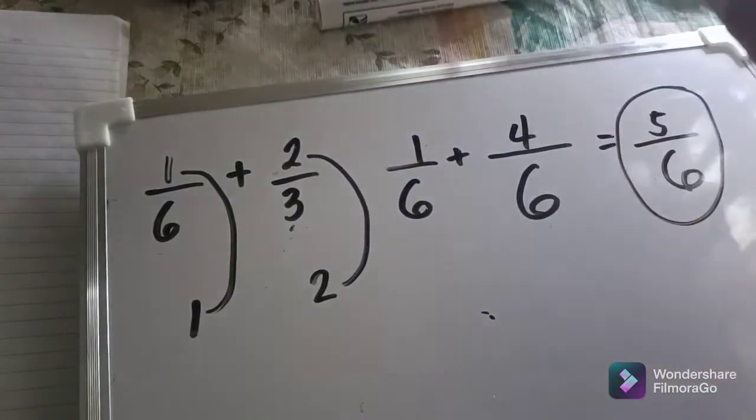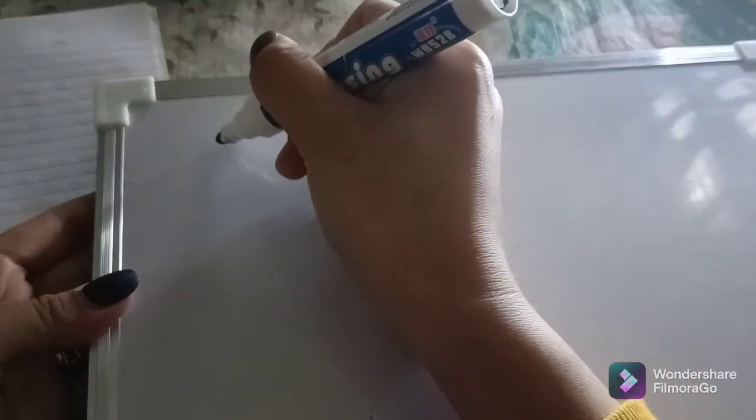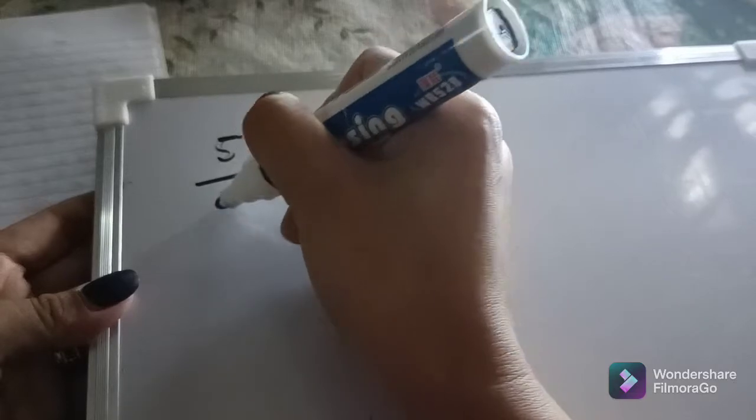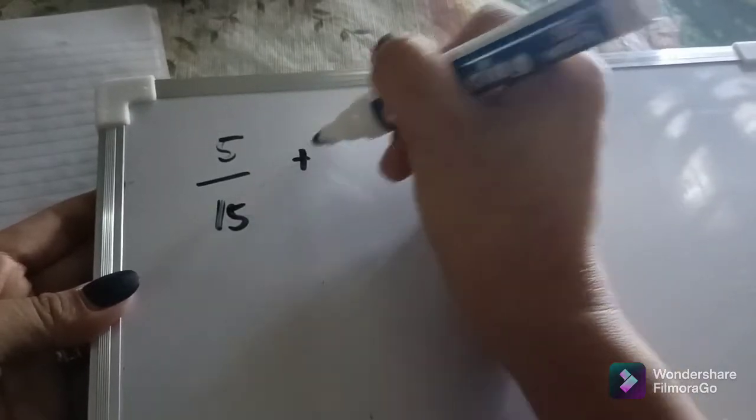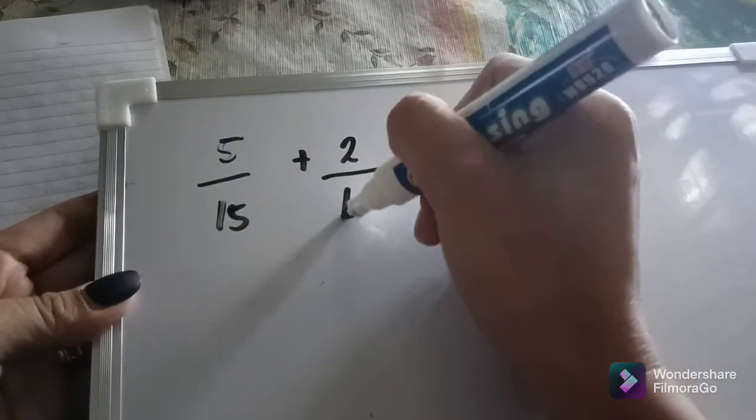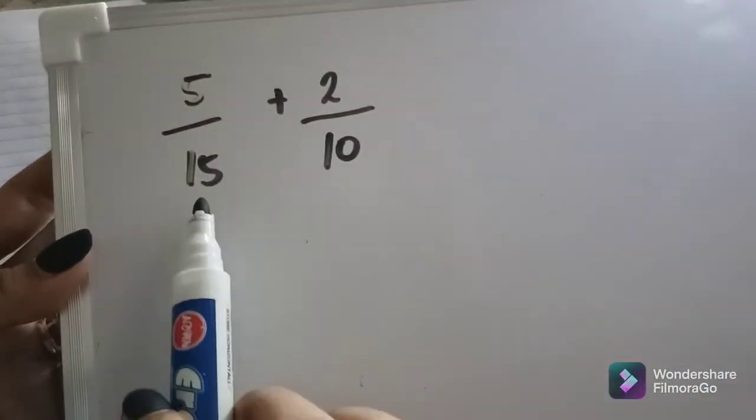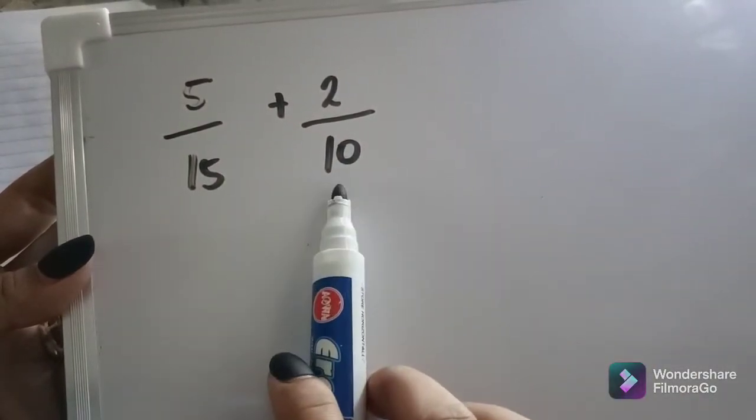Okay. Okay, we're gonna show you another example, okay, of fractions with different denominators. So let's say we have here 5 over 15 plus 2 over 10. Okay, so as you can see, we have different denominators.